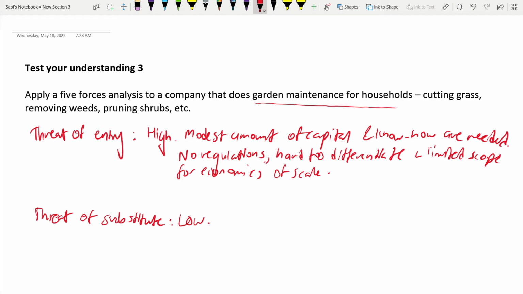For them, substitutes are high. Otherwise, threat of substitutes is low. That means there are not so many substitutes in this industry.